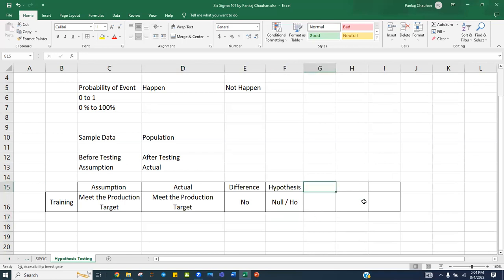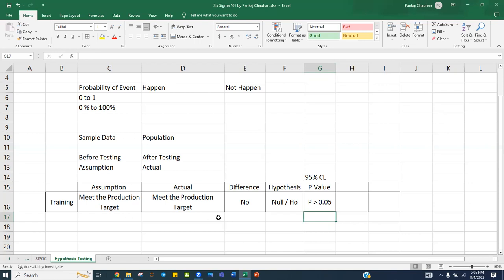And this is represented in the form of the p-value, which you get when you run the hypothesis test. So if you are looking at a 95% confidence level, then your p-value threshold will be 5%, which is the risk level. And you are crossing the risk level that you initially assumed. Because when you have done the maintenance, you were assuming you may meet the target or you may not meet the target, so you are taking a 5% risk.